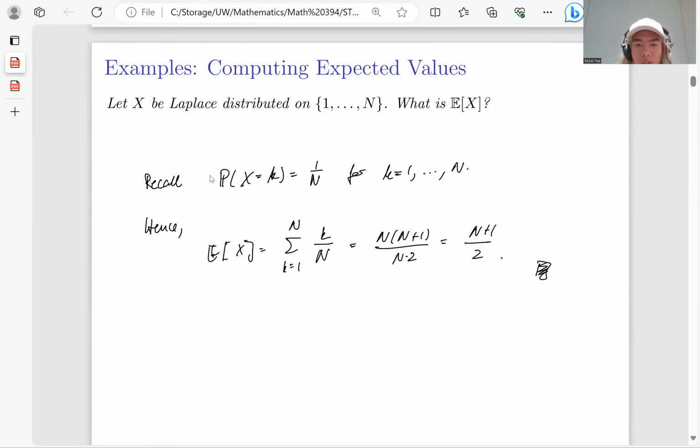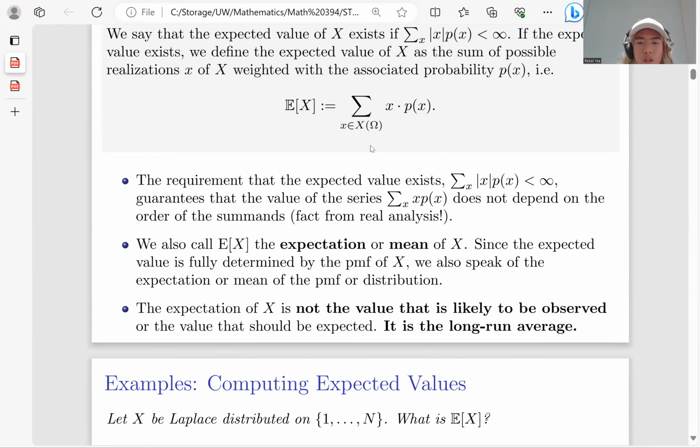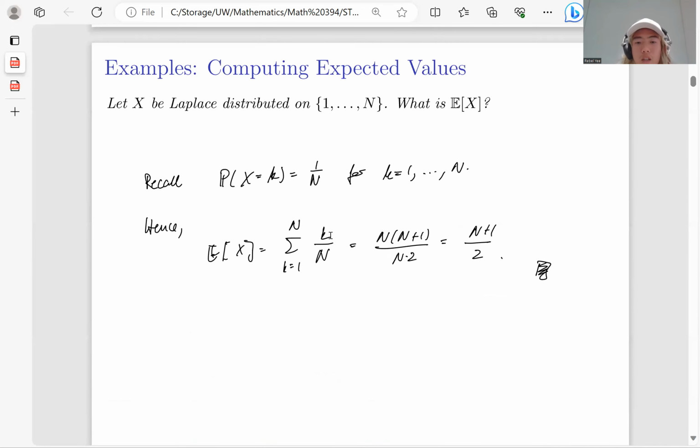Because the probability for the Laplace experiment is 1/n, and I remember all of the values are from 1 to n, so the k here, or the x here, is just from 1 to n. So we sum them up, it's very easy.